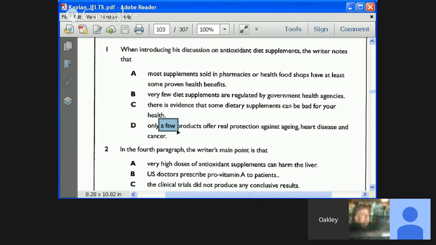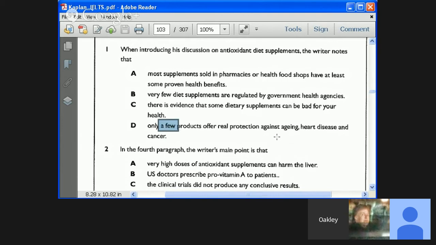In the answer, it'll say a few. In the text, it will say none, or maybe it will say many. So I know I need to proceed with caution here, and look for the quantifiers in the reading passage.